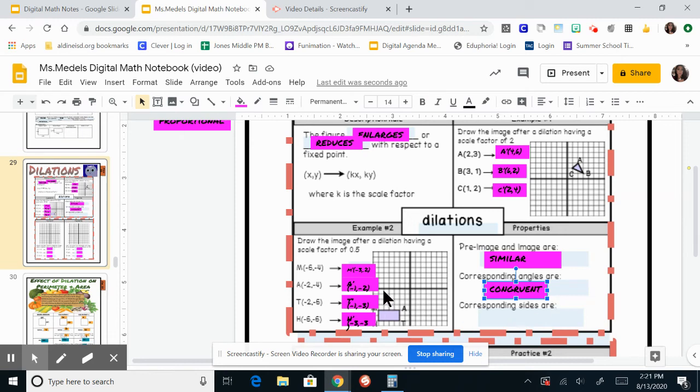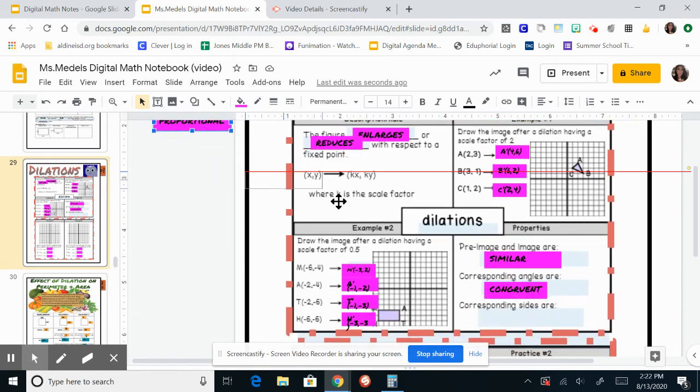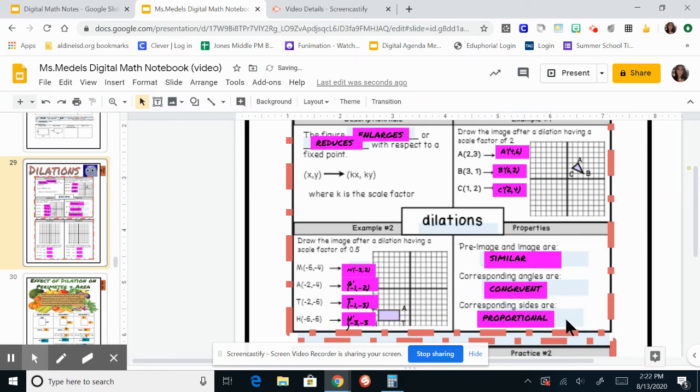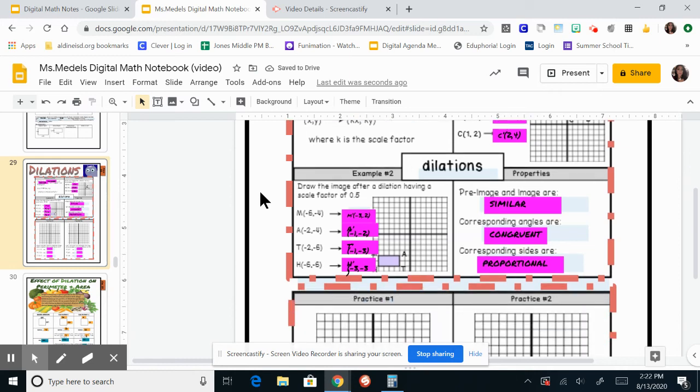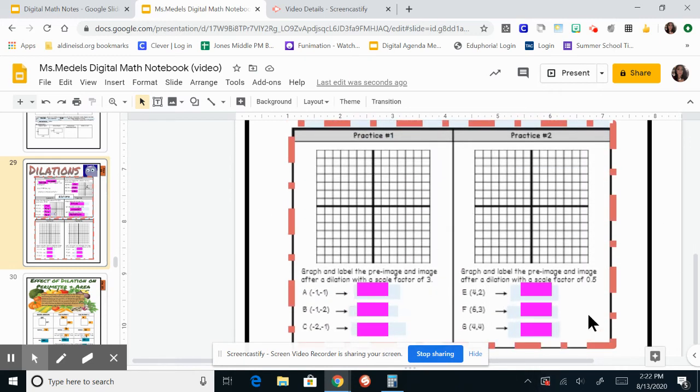And if it is a true dilation, that means that your sides are going to be proportional, meaning I can put it in a proportion and they will be equal to each other. Or you can find your scale factor, which is what we were talking about in the previous notes that we had. Okay. So here is your practice 1 and your practice 2.